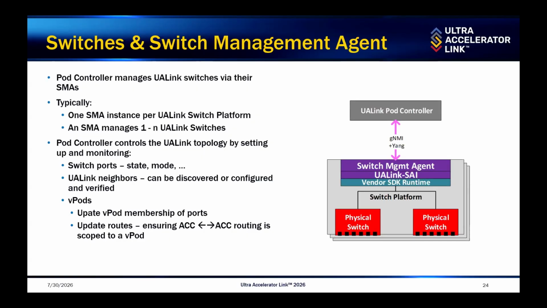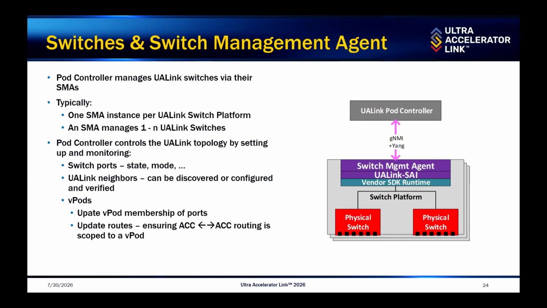And then I touched upon this already in the previous slide. The pod controller manages the switches. It can completely disable a switch, for example, or set up specific modes the switch operates in, and then it sets up all the ports, and can disable ports for a number of reasons: power saving, not utilized right now, failures, and related reasons.